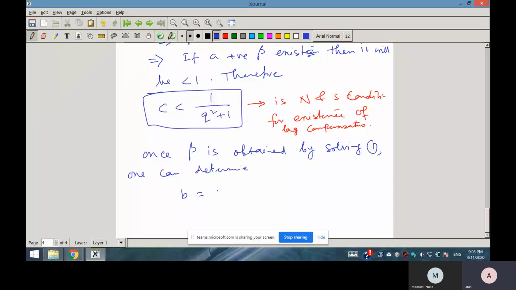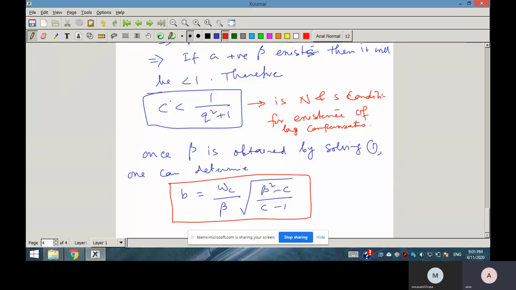We have used the same equation for computation of a. So here we have termed that one as b. So omega c by beta, the same derivation for deriving this one, beta square minus c divided by c minus 1. So in the lag compensator, b was a in the lead compensator, and beta was alpha. So that's the difference. So that means these three things are important.